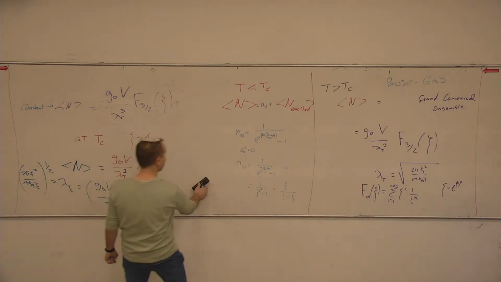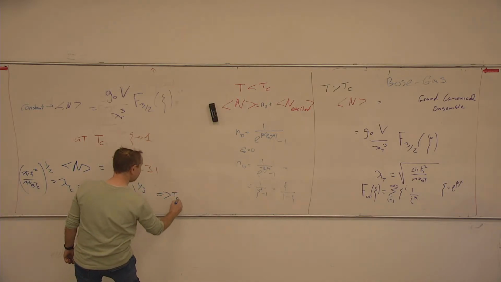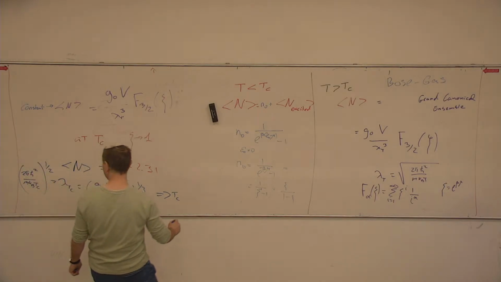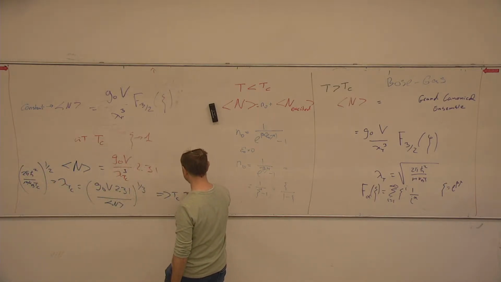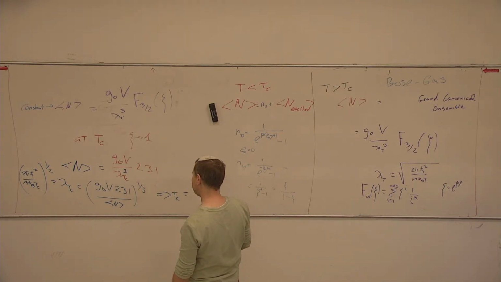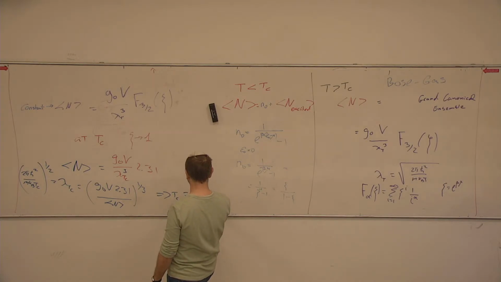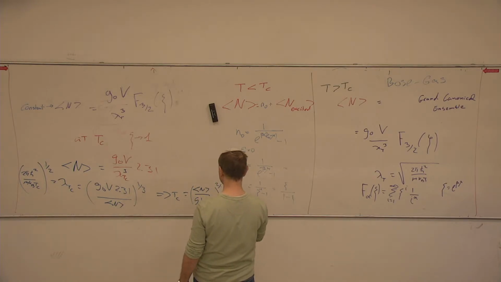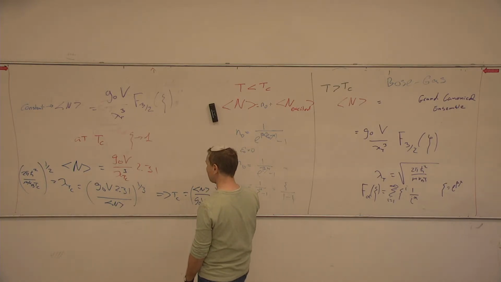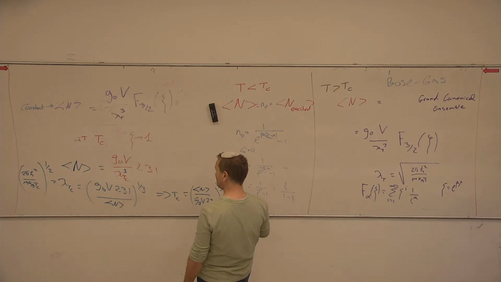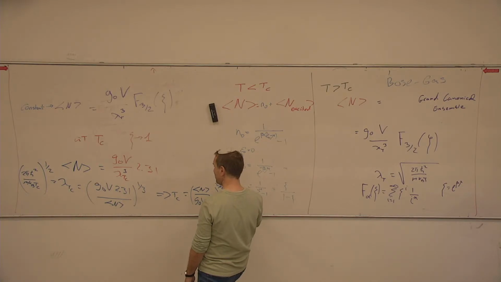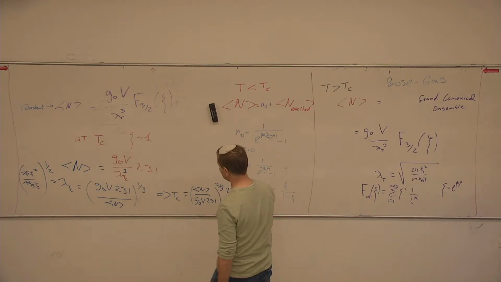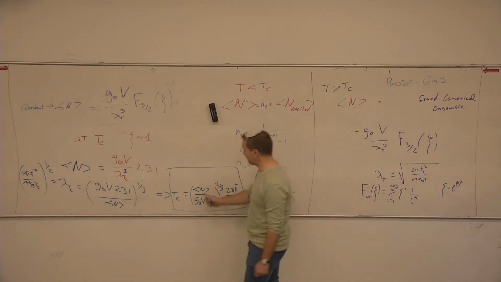Out of here, we obtain that TC equals, well, it's an ugly expression, but it's still true: (n divided by G0 V 2.31) to the power of 2/3, multiplied by 2 pi h bar squared divided by m k Boltzmann. So in this perspective, it's going to depend on n.